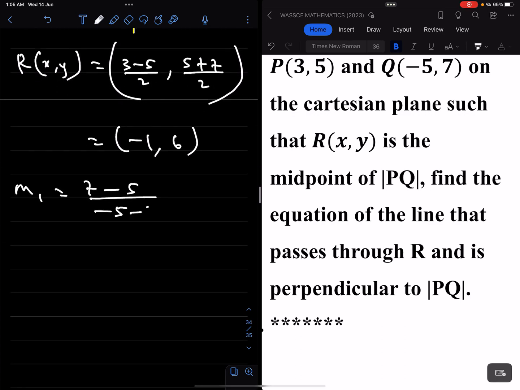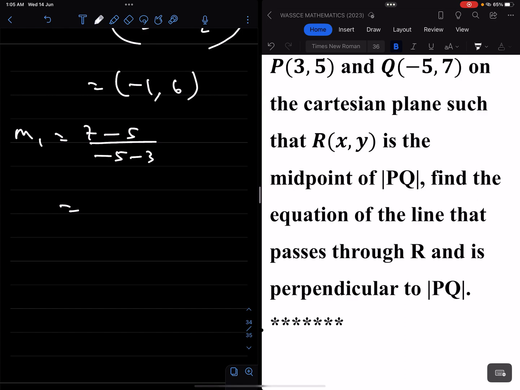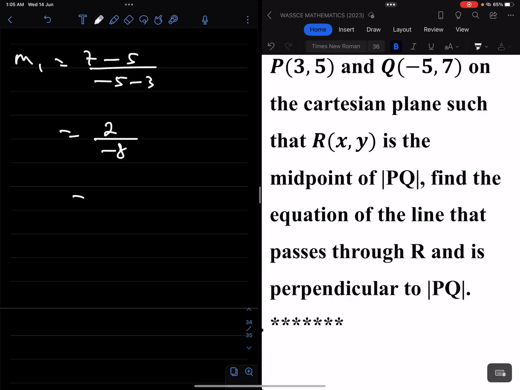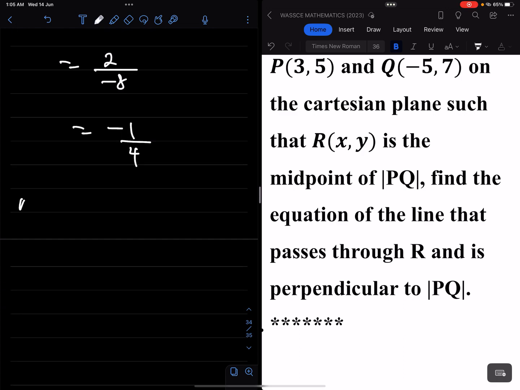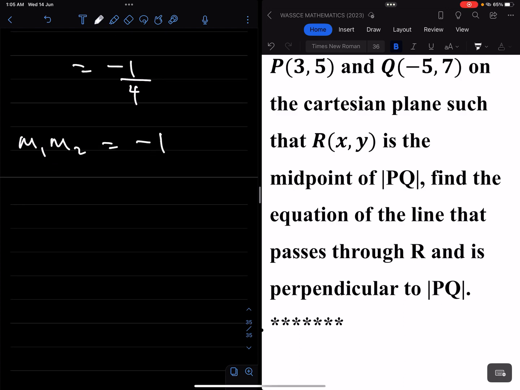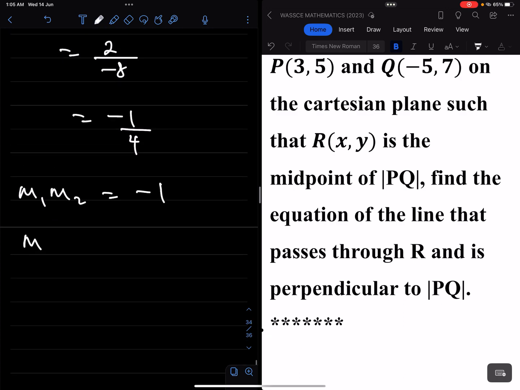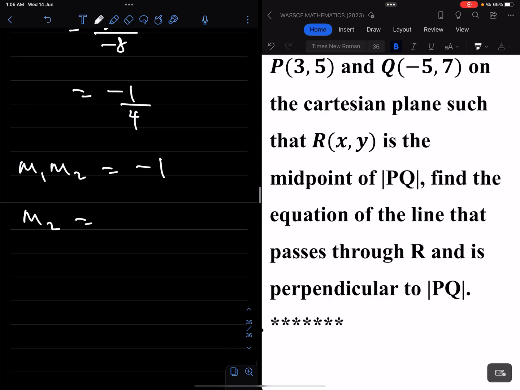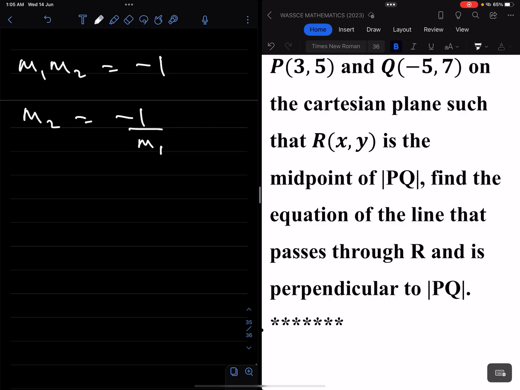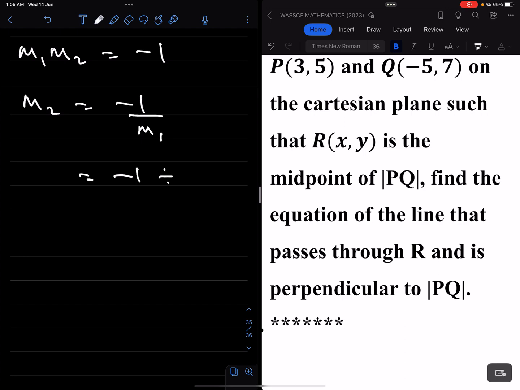That simply means 7 minus 5 is 2 over minus 8, which simply means minus 1 over 4. So if that's m1, we know that if two lines are perpendicular, the product of their gradients is minus 1. That means m2 will be equal to minus 1 over m1, which simply means minus 1 divided by minus 1 over 4, and that's simply 4.